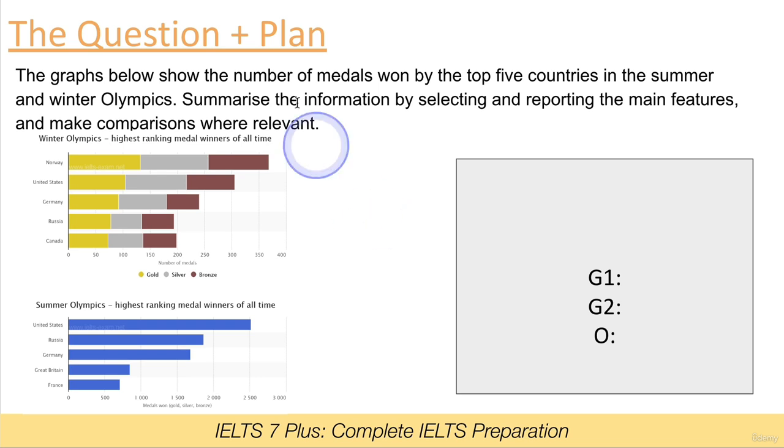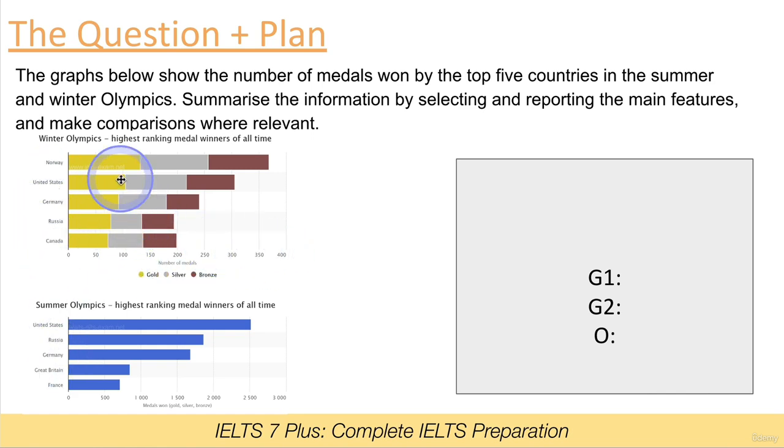We want to logically put together 2 different groups, group 1 and group 2. Now you could do this in a variety of ways. If the countries were the same for both, I would say maybe we could group together the countries.